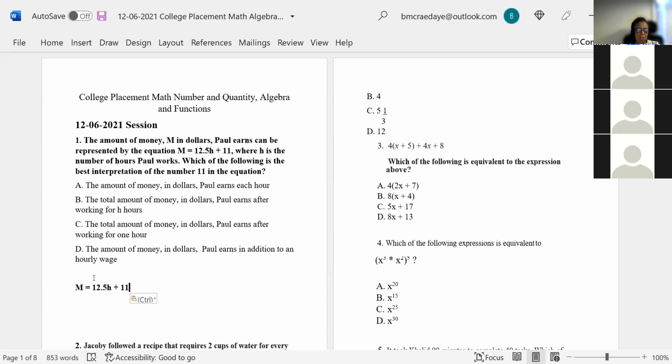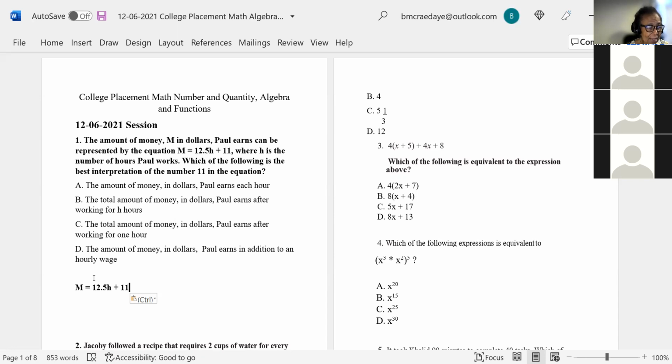Okay, so Alva, you're given four choices. Which of the following is the best interpretation of the number 11 in the equation? A says the amount of money in dollars Paul earns each hour. And we know that's not true. That's the 12.5.